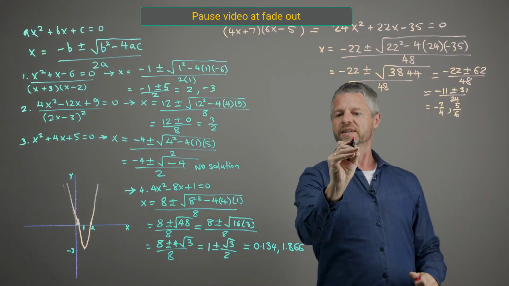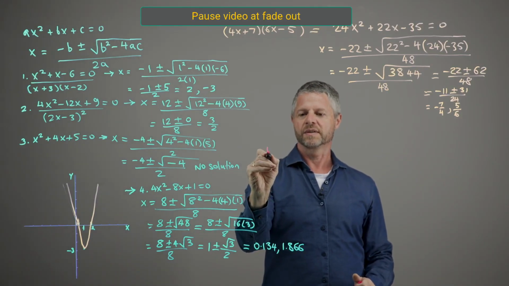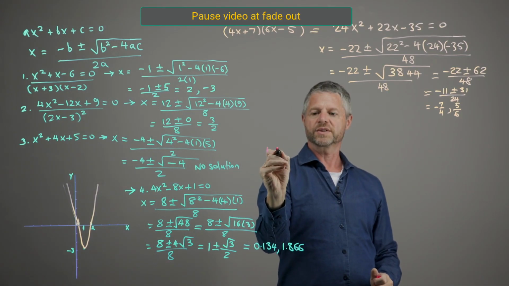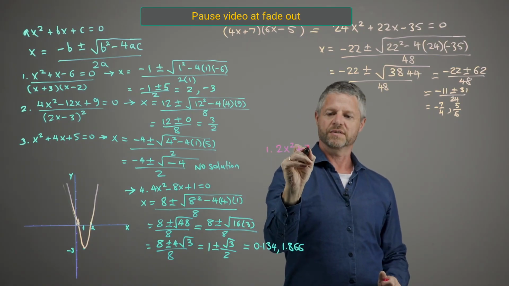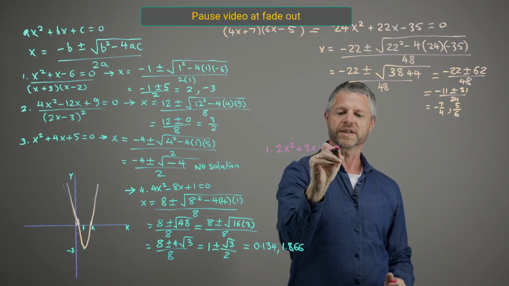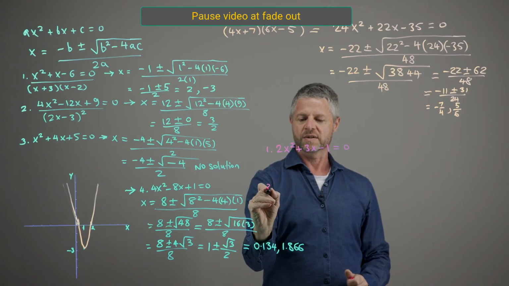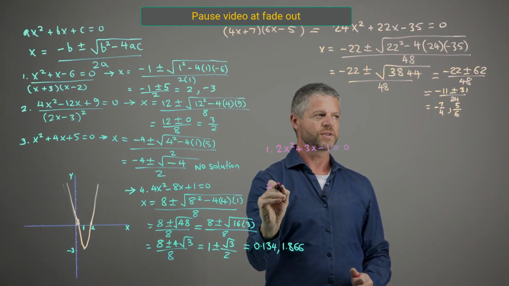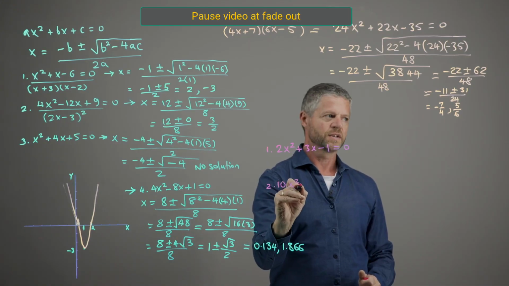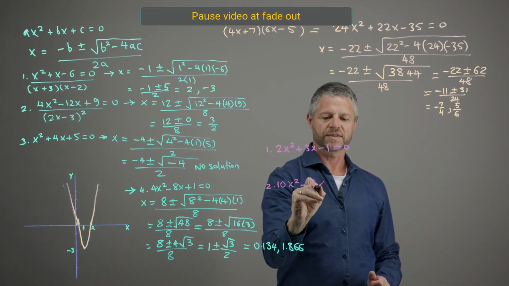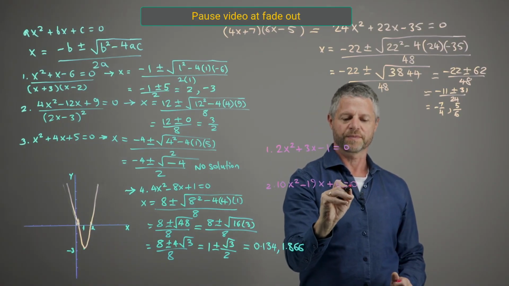So the first one, let's do 2x squared plus 3x minus 1 equals 0. And then the second one, let's do 10x squared minus 19x plus 6 equals 0.